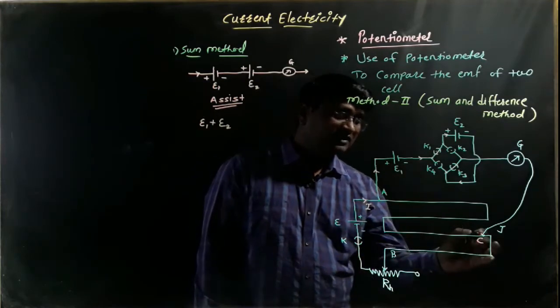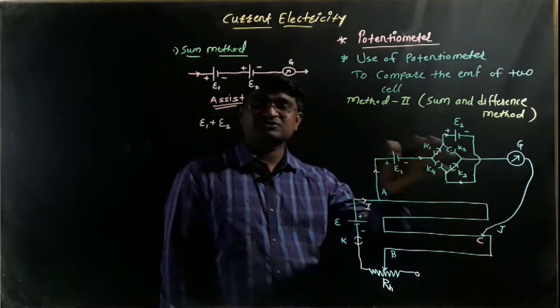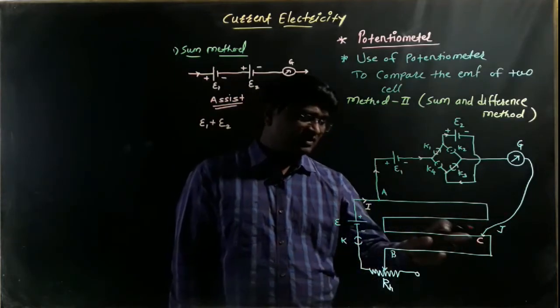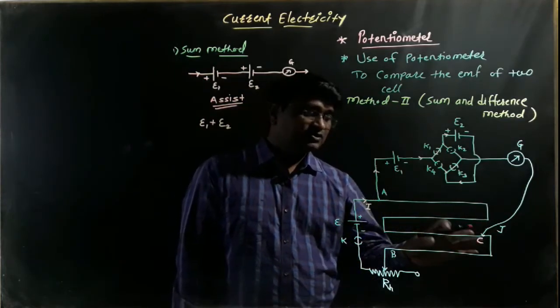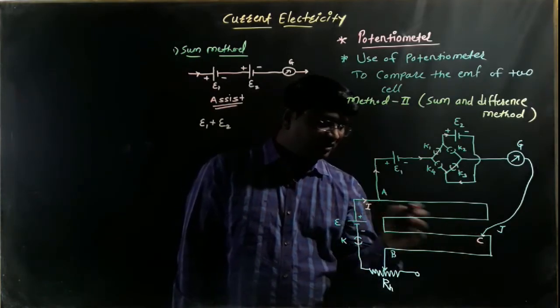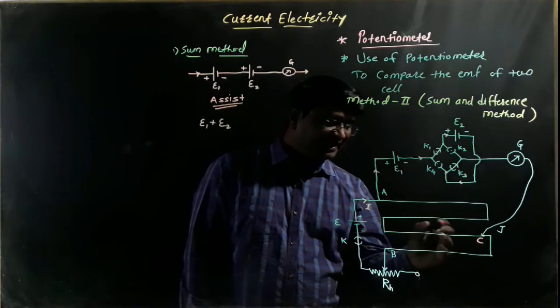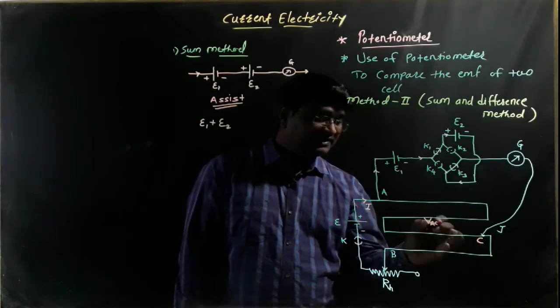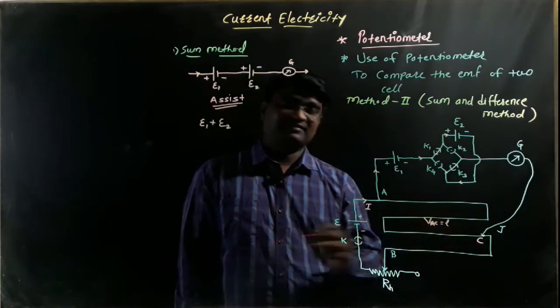The null point means that the galvanometer does not show any deflection when the jockey touches at point C. So it is very clear to understand. When we find the null point, the total potential between the wire AC is denoted by VAC, and its length is denoted by small l, that is L1.